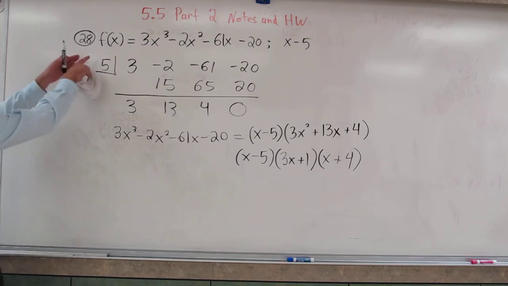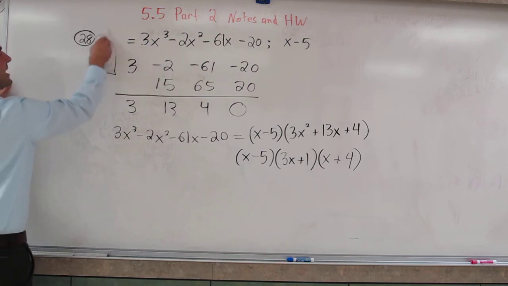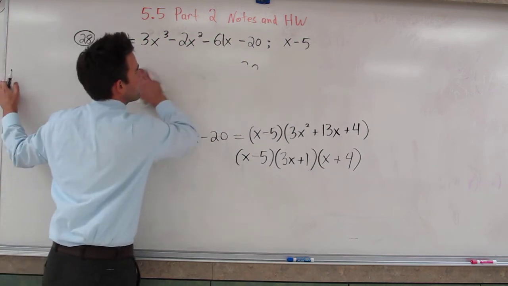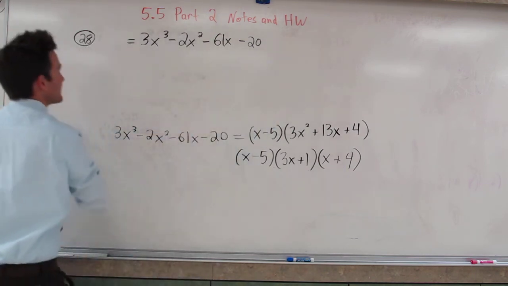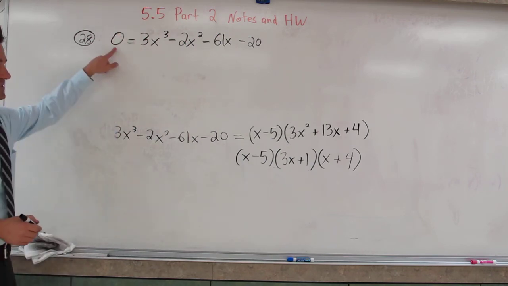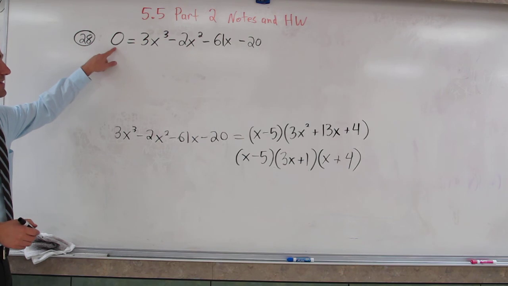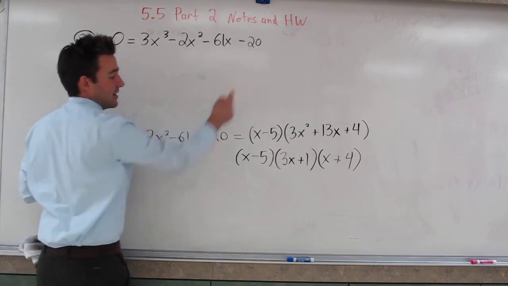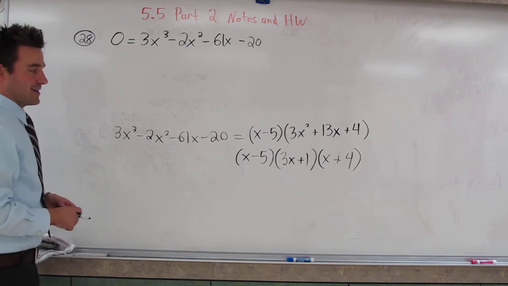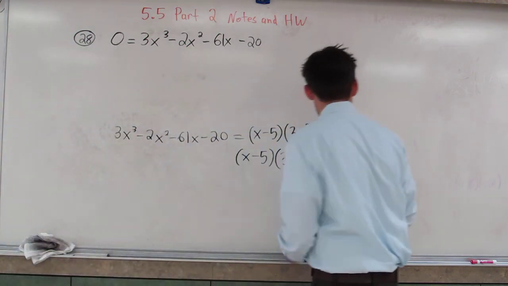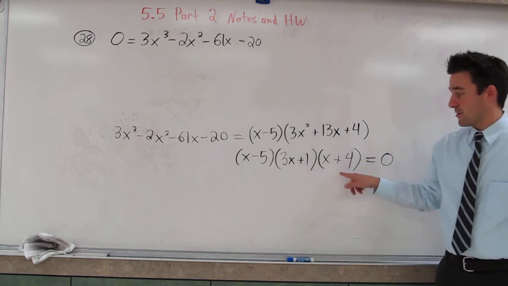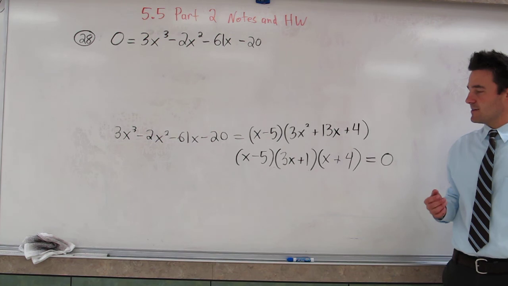Instead of saying f of x equals that and factor, let's say we were supposed to solve when this equals 0. Well, if this right here can be factored as this, we can use the zero product property, because we know that this equals 0, meaning that this, or this factor has to equal 0.